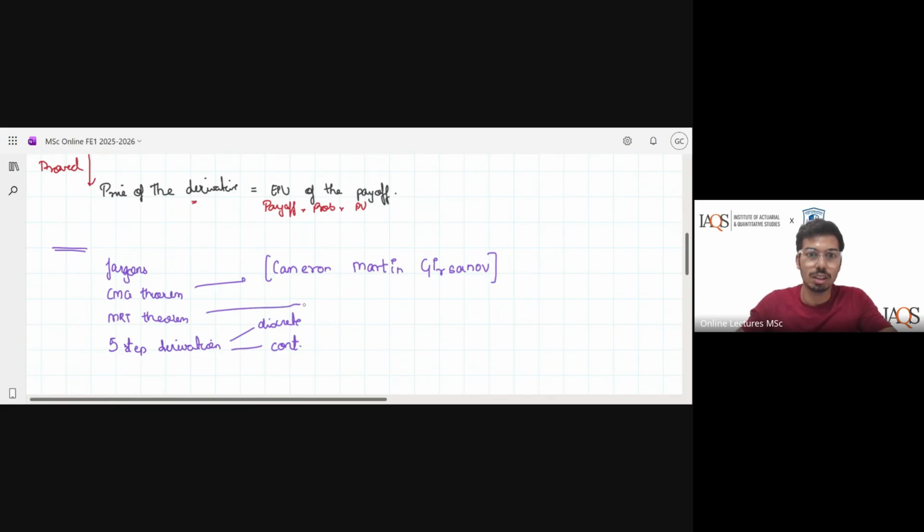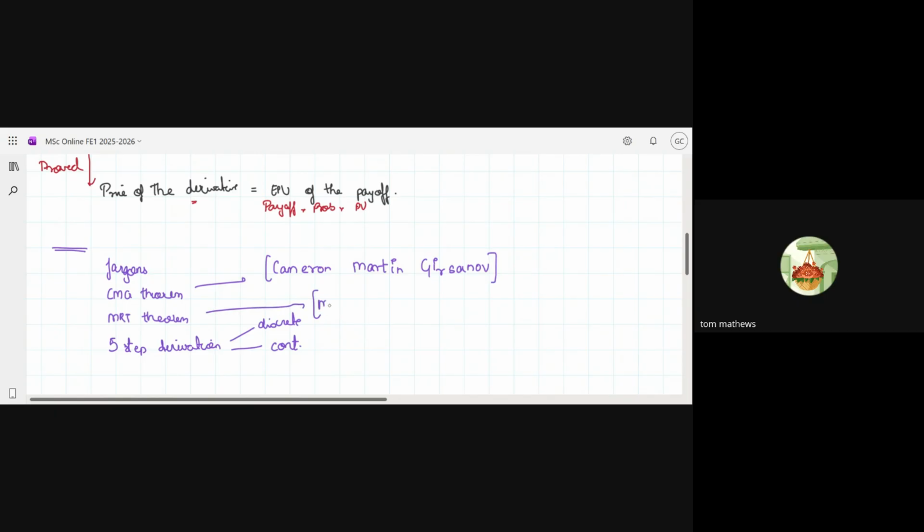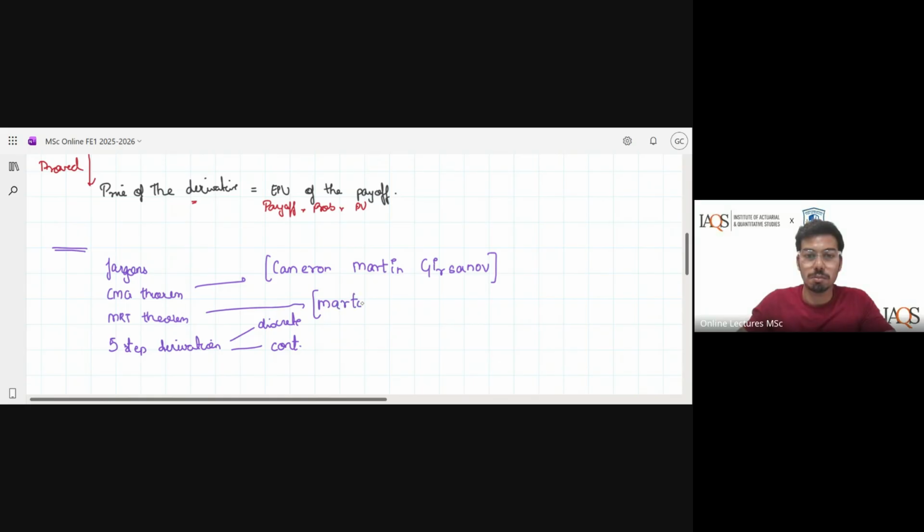And MRT is called the Martingale representation theorem.